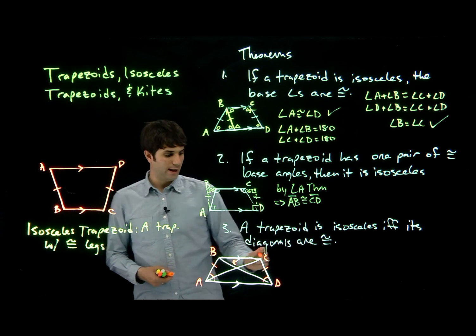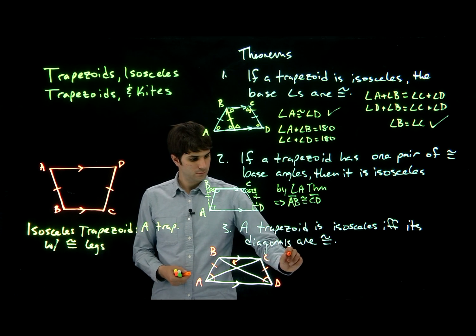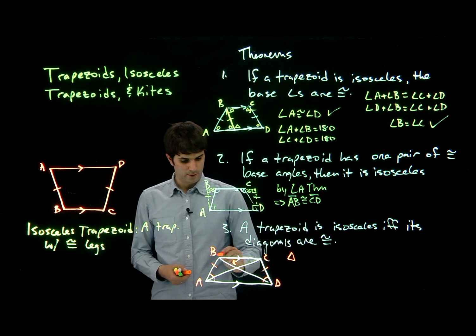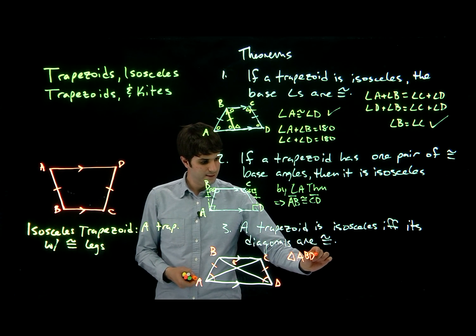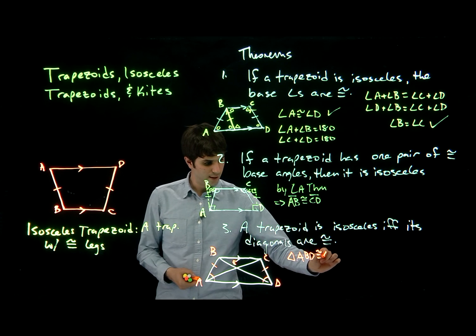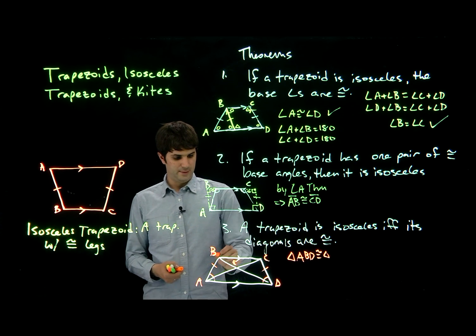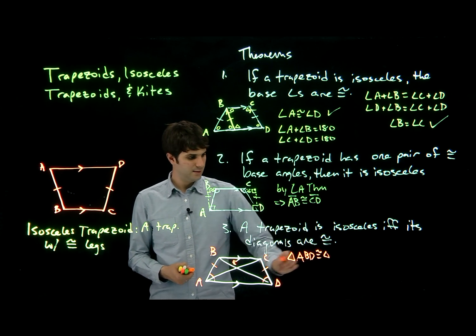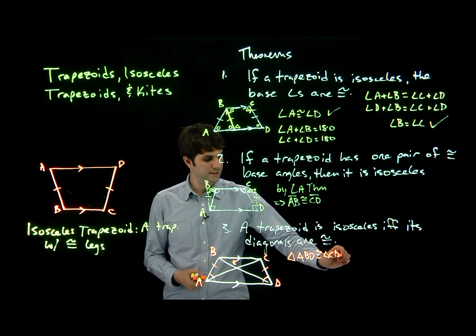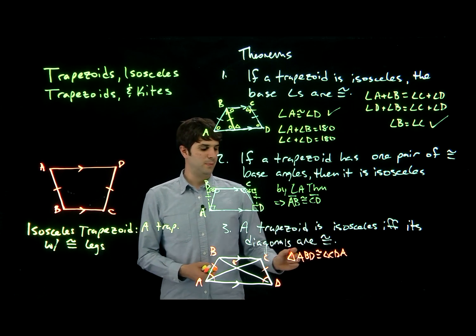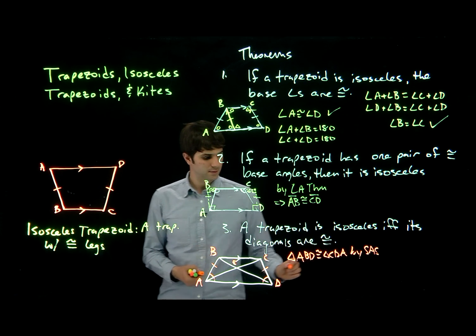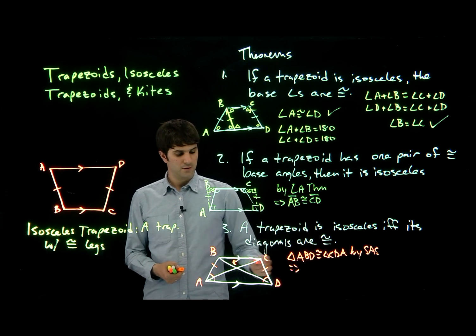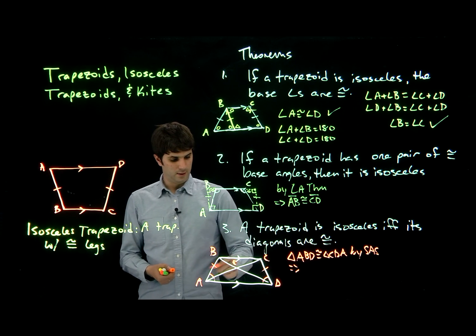So we know that triangle ABD is congruent to triangle CDA, and this is by SAS. Therefore, the diagonals are congruent.